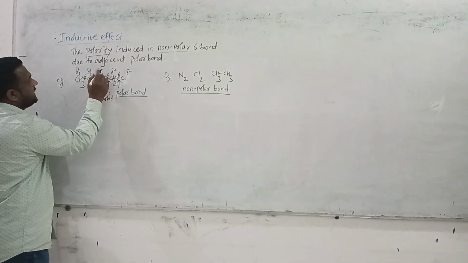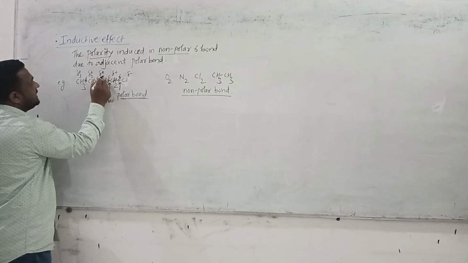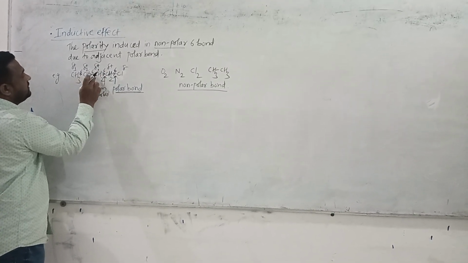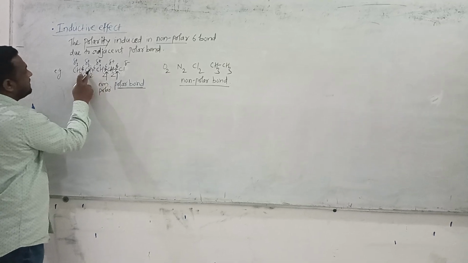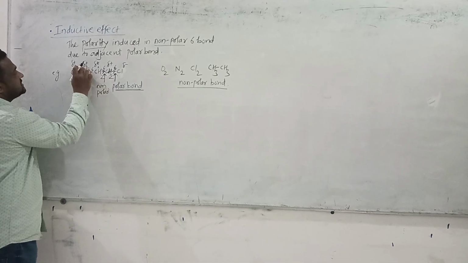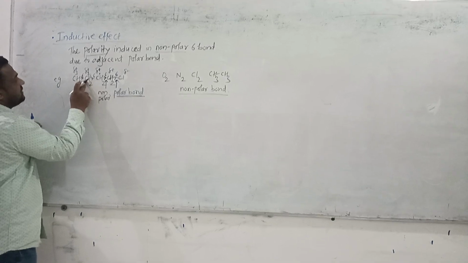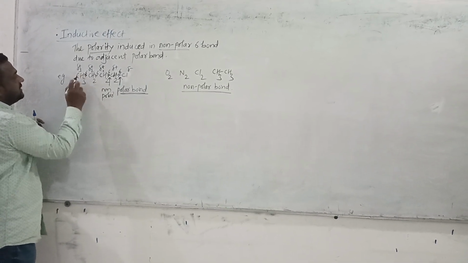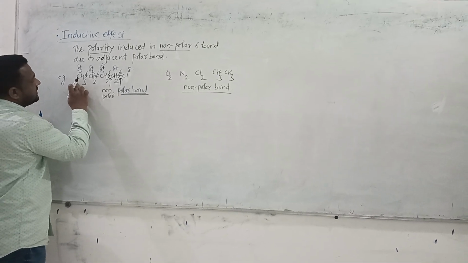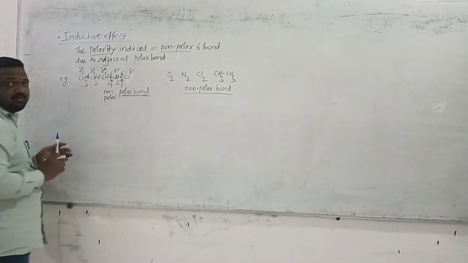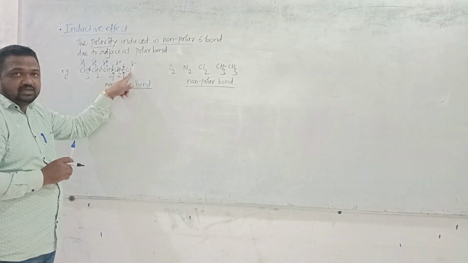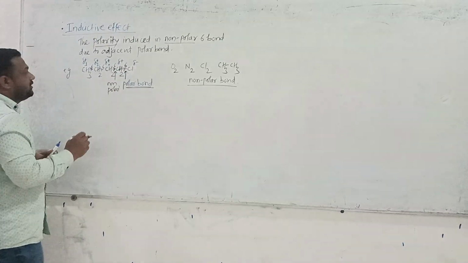This carbon withdraws electron density from the next carbon, so that carbon also acquires a partial positive charge, delta plus. Again the next carbon withdraws electron density from this carbon, and it acquires a partial positive charge. Thus continuous electron transfer takes place from this carbon chain to the electronegative chlorine.